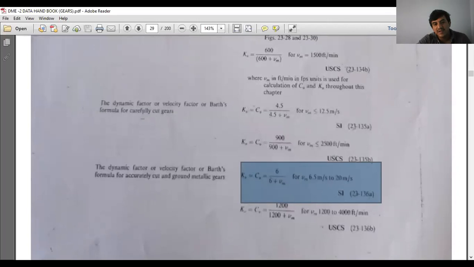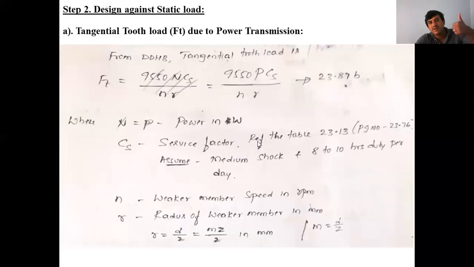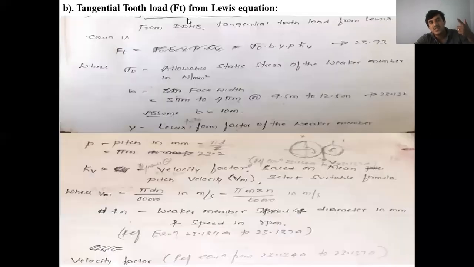Again, this Ft we get in terms of module only. The first tangential tooth load, from the power equation, gives an Ft equation in terms of the unknown module. The second tangential tooth load, from the Lewis equation, when substituted, also gives an Ft equation in terms of module only.